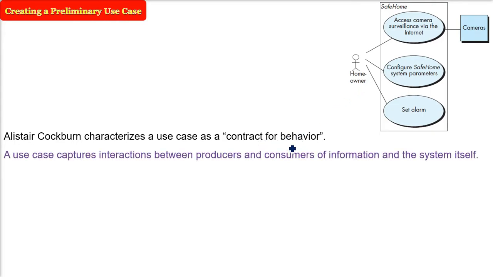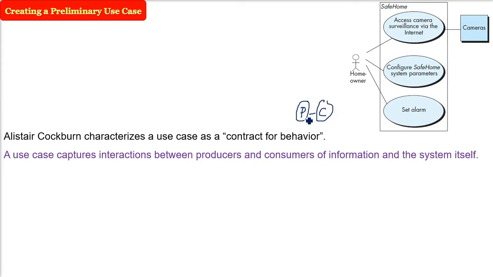That is, a use case captures the interaction between the user and the software, that is, the producer and the consumer of information, and the system itself. If you take a picture, you capture one kind of interaction between your system and the other stakeholders, and also the state of the system. That is a use case.